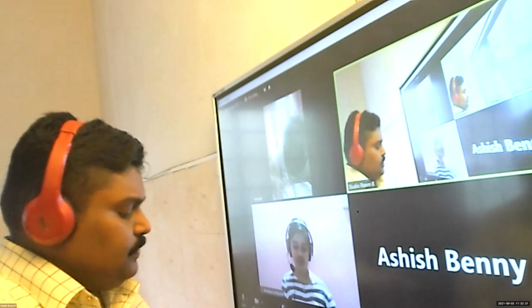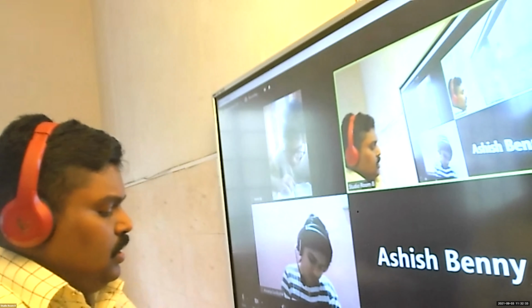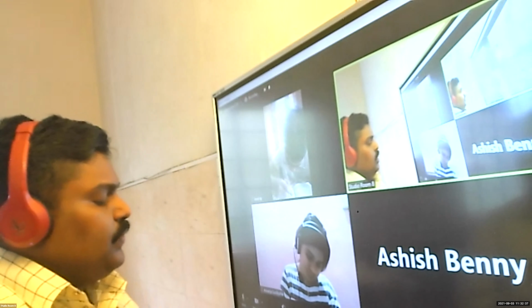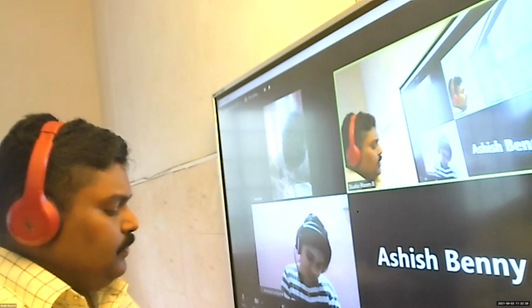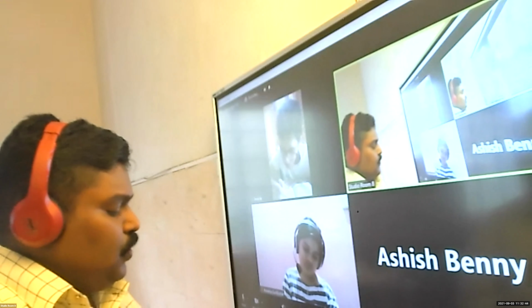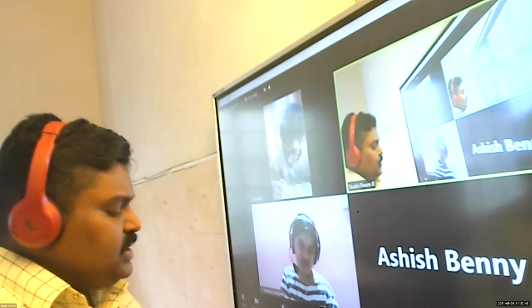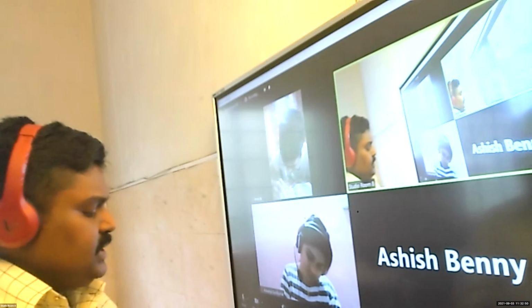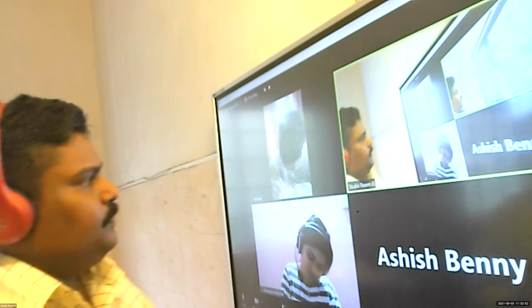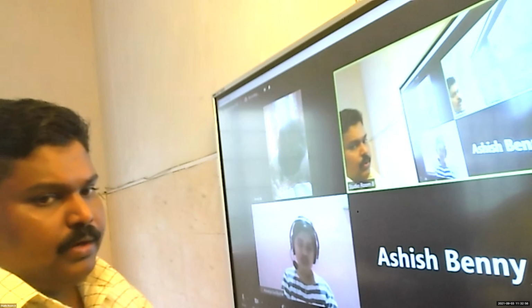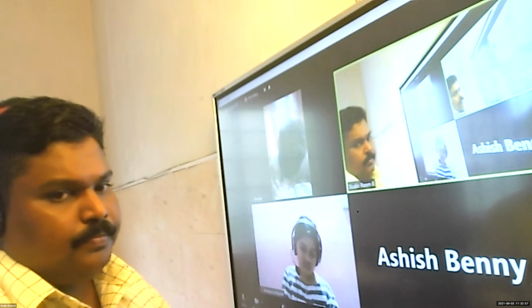Third point, reforms are required due to certain limitations to the UN.